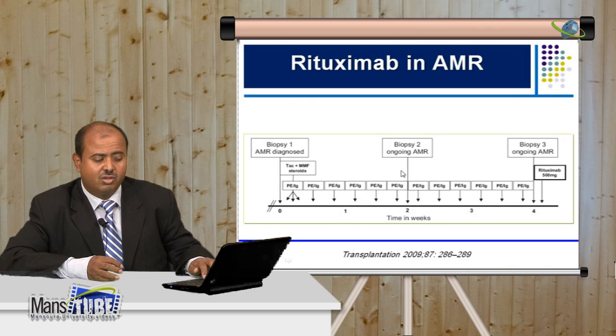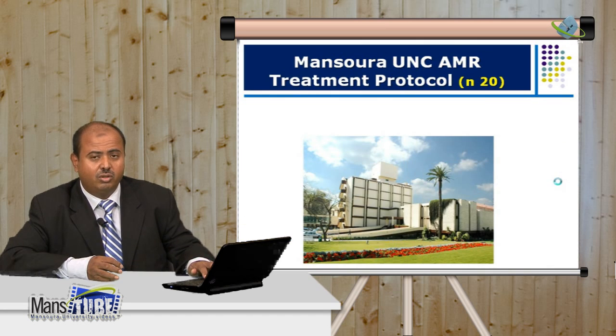And after 2 weeks, no response, so rebiopsy was done. Again, the classic treatment is continued. Then a third biopsy was done. The same pathology is present, so rituximab was added at this time point, which reversed the antibody mediated rejection.